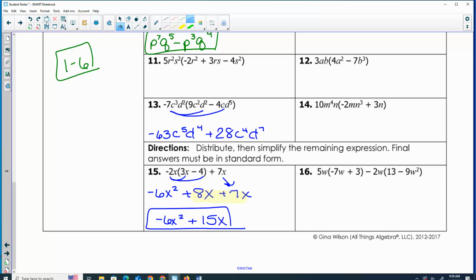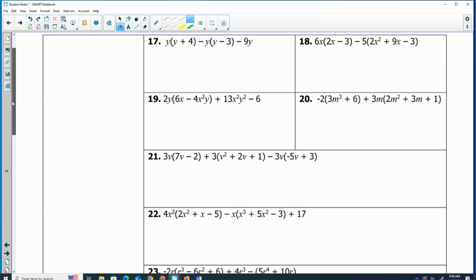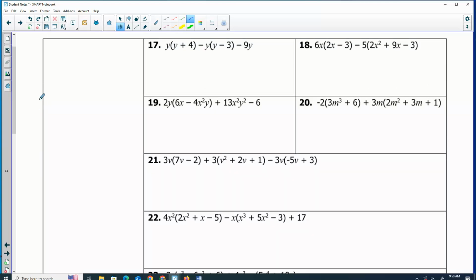All right. Let's look at 17. So we start with our multiplication. Y times y would be what?